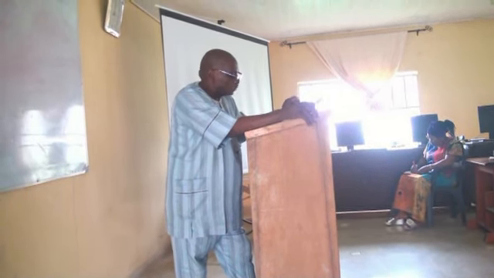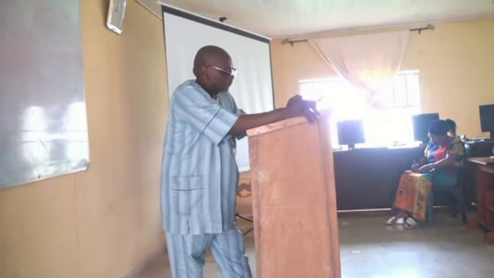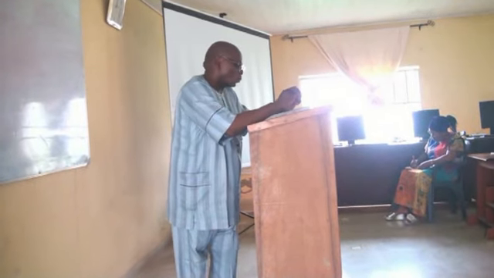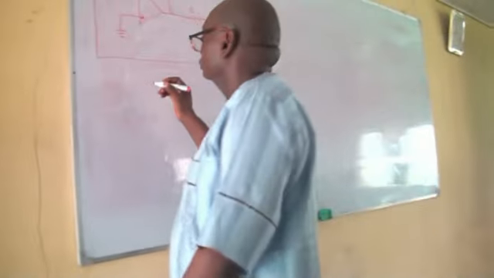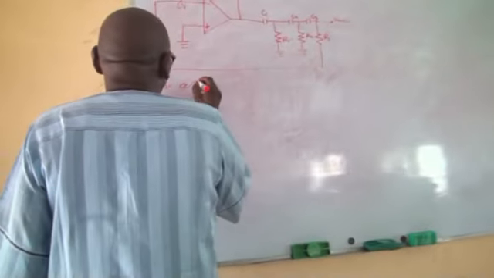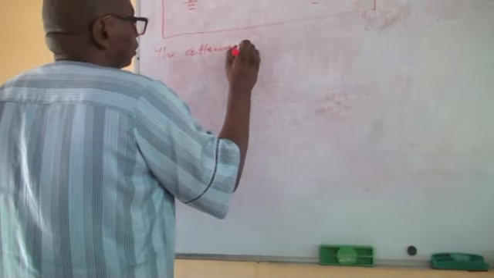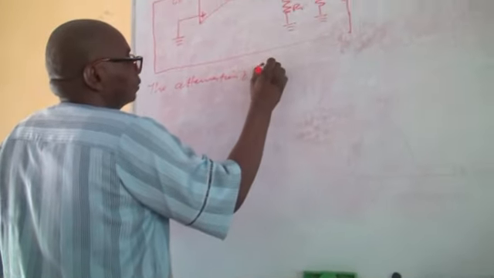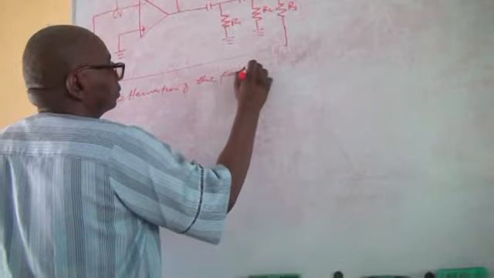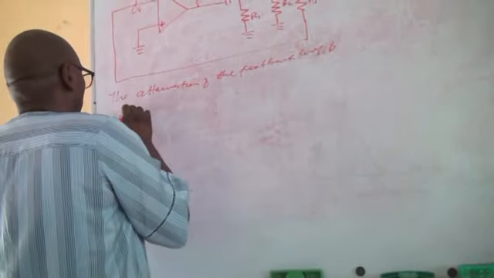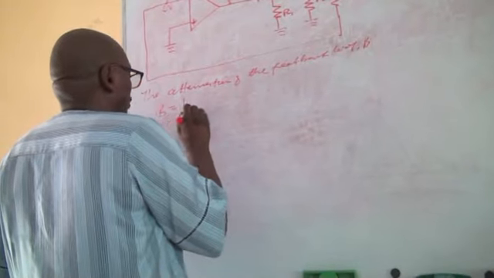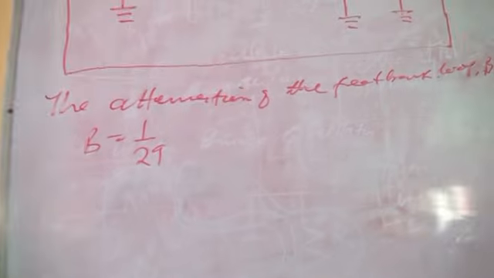In this case, the attenuation B of the three-section RC feedback loop is B equals 1/29, standard for this series.